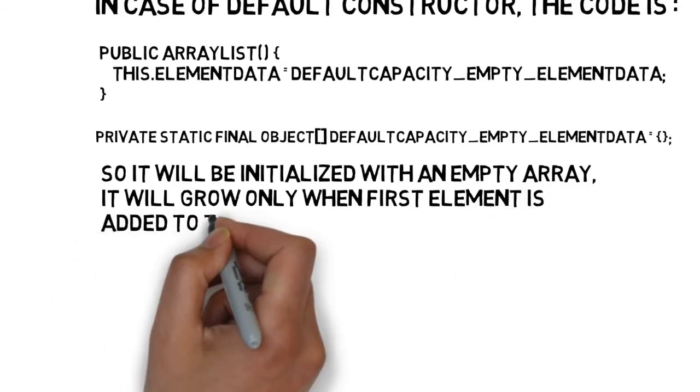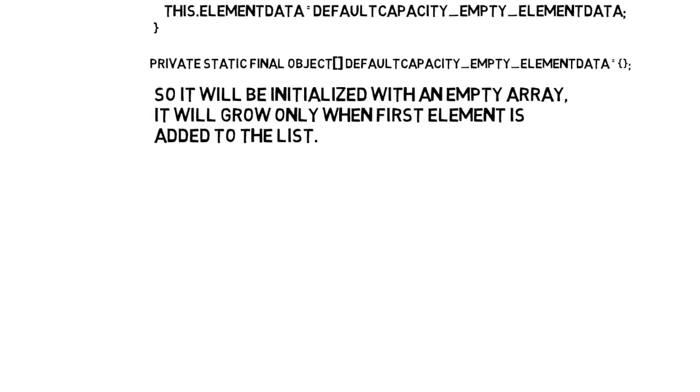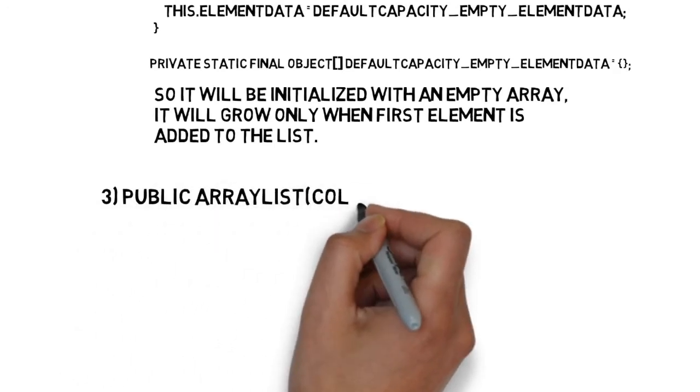So we can see, initially it will be initialized with an empty array, and it will grow only when the first element is added to the list.